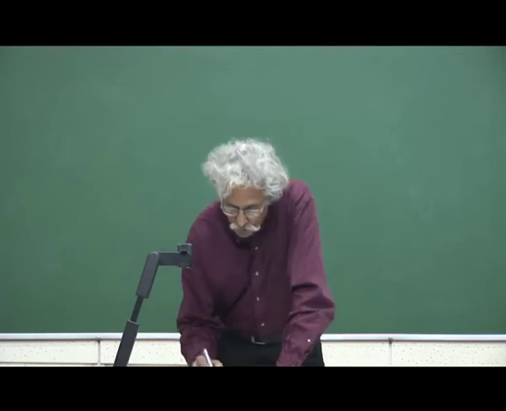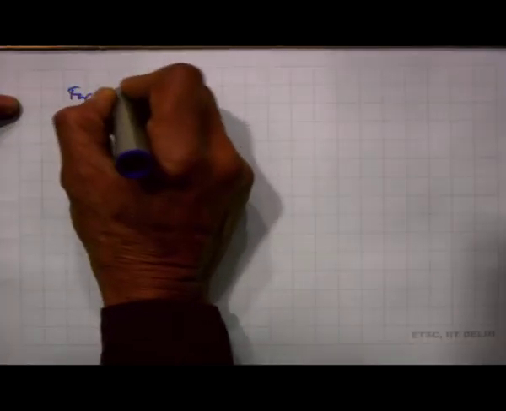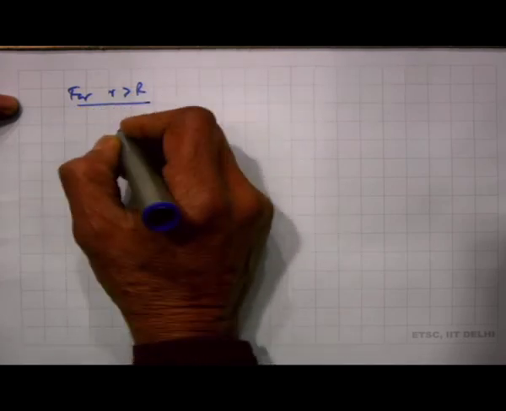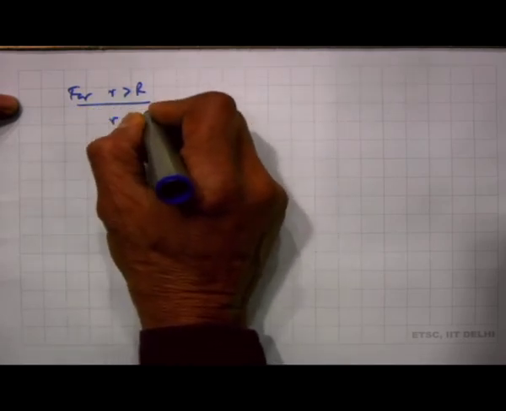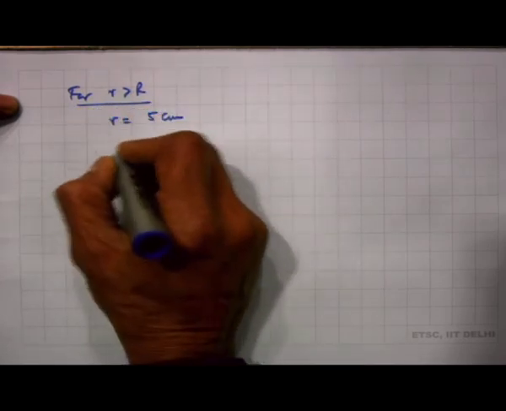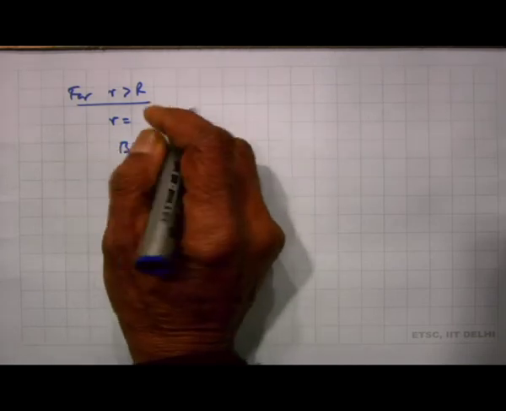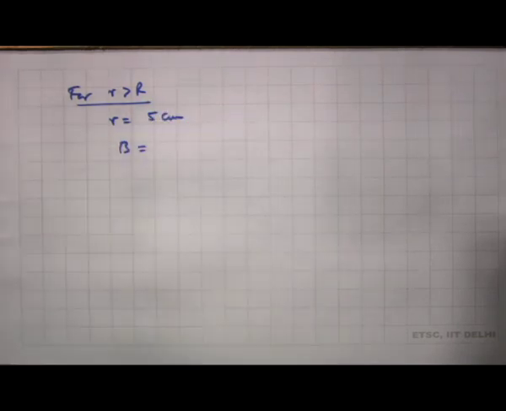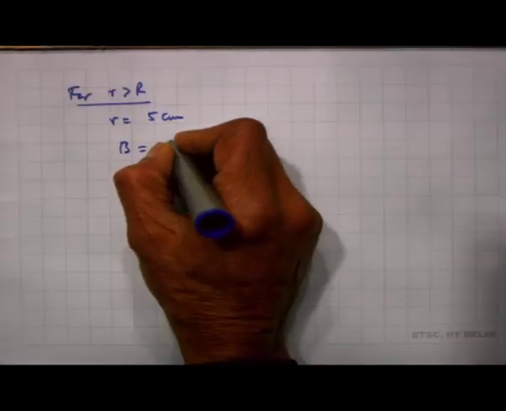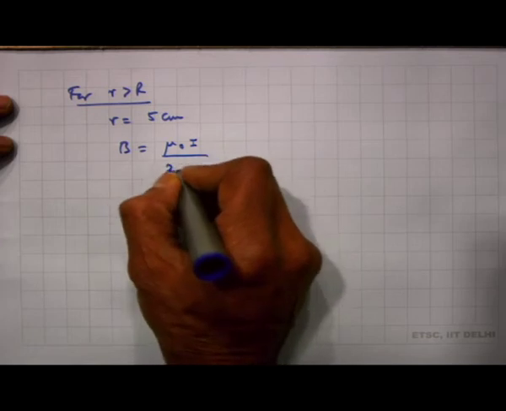Now, if I want to calculate for a point outside the capacitor plates, so let me take for example r equal to 5 centimeters, the magnetic field B is equal to, so that I must use the other formula now, mu naught I by 2 pi r.